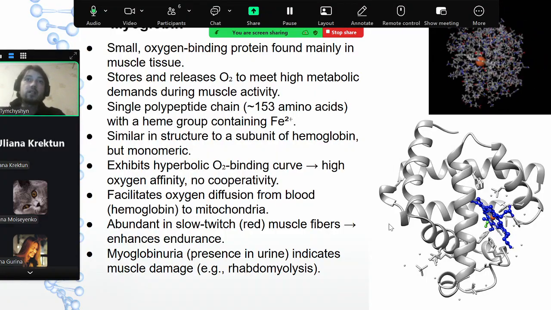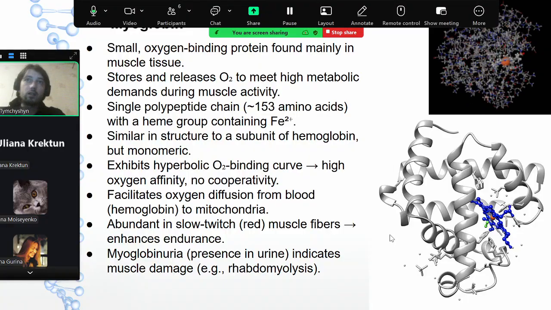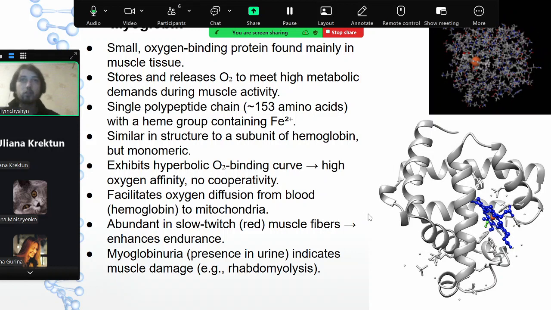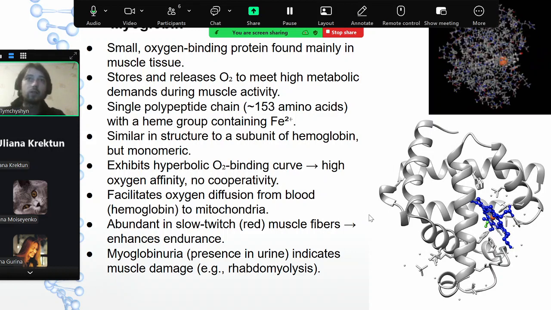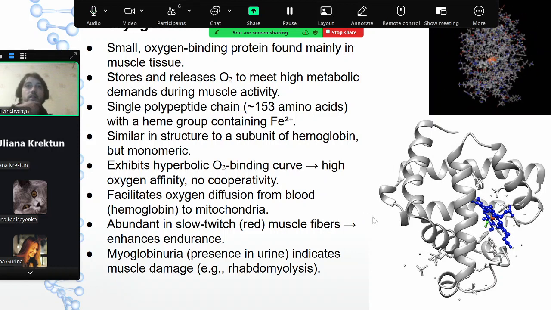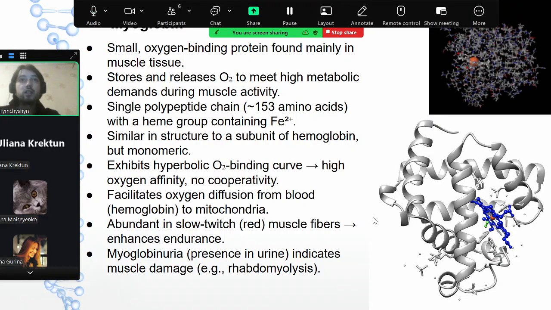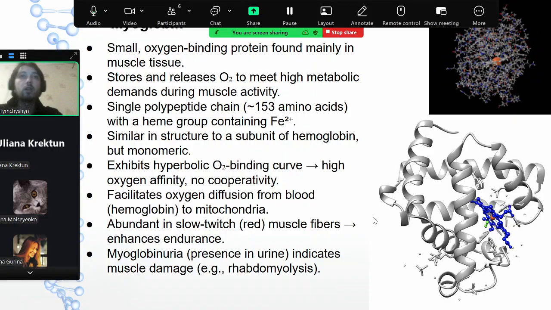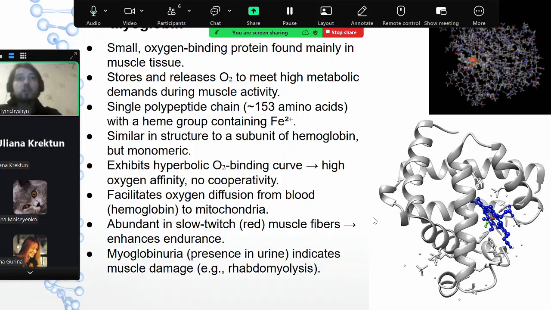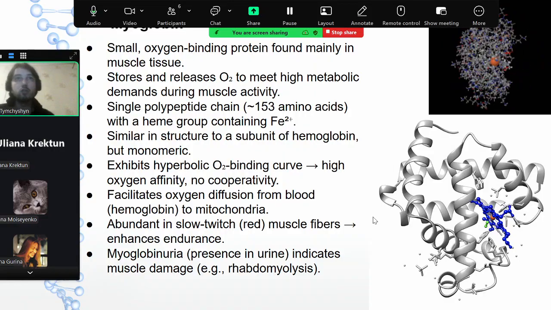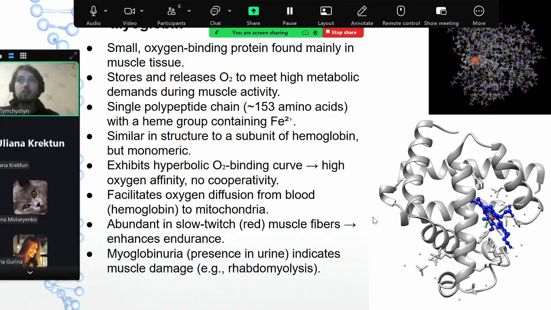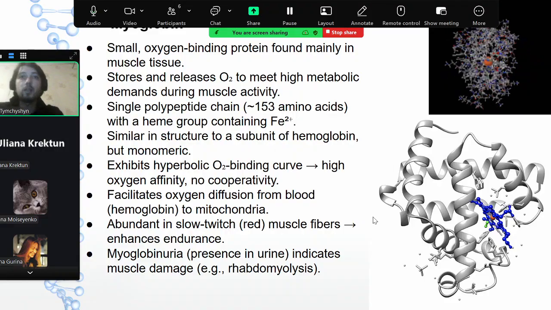It's made of a single polypeptide chain, around 153 amino acids, of course with the heme containing iron. Its structure is pretty similar to one subunit of hemoglobin, but it is monomeric. Hemoglobin has something like 4 such subunits, and this one has only one subunit.